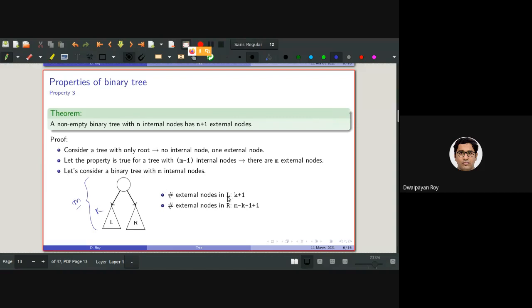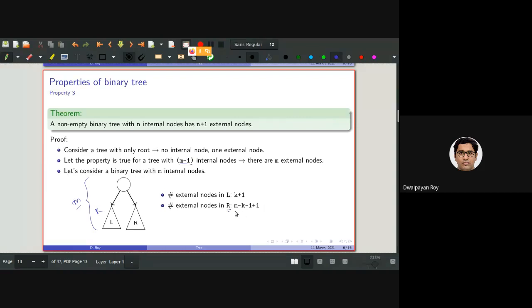So for the left subtree, the number of external nodes will be k plus 1 based on this assumption. And for the right subtree R, can you say what will be the number of external nodes?